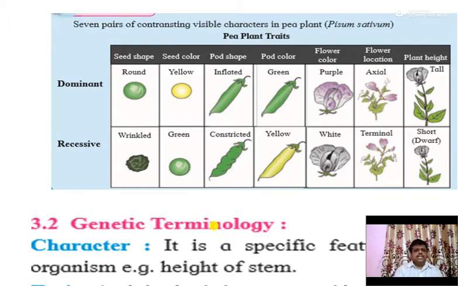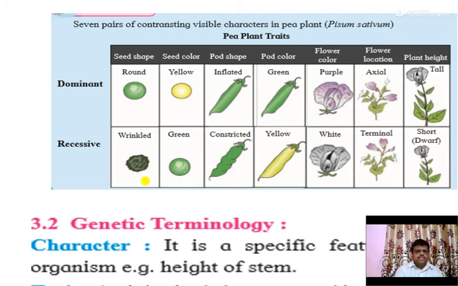Let us see the first character, that is the seed shape. The second one is seed color, then pod shape, flower color, flower location and plant height. These are seven different characters selected by Mendel. These seven characters include seven pairs of traits.